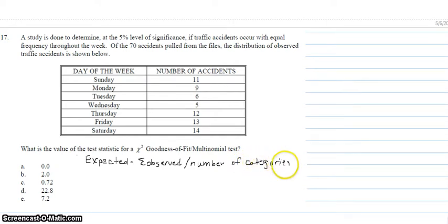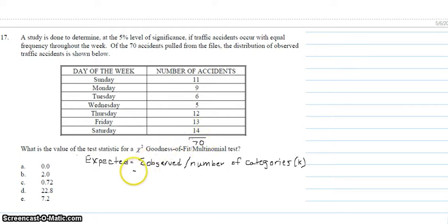The number of categories is denoted by the small letter K, and that's going to be important. Okay, so our observed are the number of accidents they pulled from the files, the 11, 9, 6, 5, 12, 13, and 14. If you were to add those up, you would get 70.